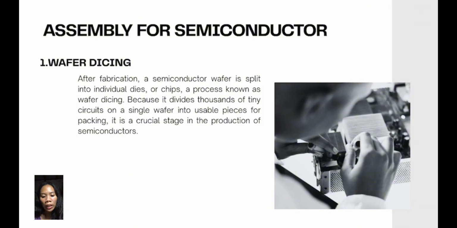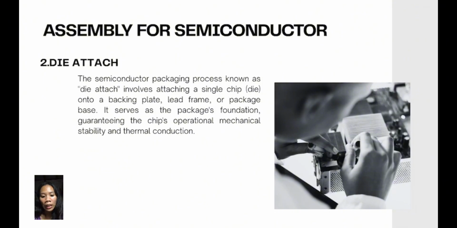It is a crucial stage in the production of semiconductors. Next is die attach. It involves attaching a single chip onto a backing plate, lead frame, or package base. It serves as the package's foundation, guaranteeing the chip's mechanical stability and thermal conduction.